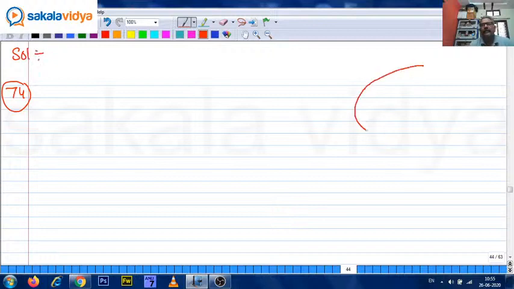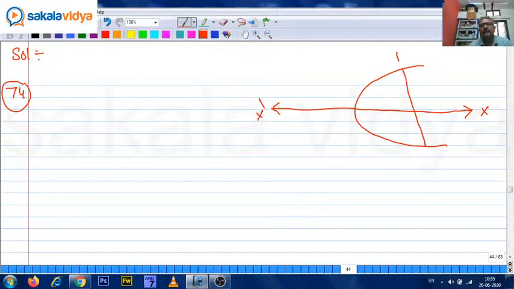So this is the figure. See, x dash. So this is the chord PQ. So it makes 90 degrees at focus.